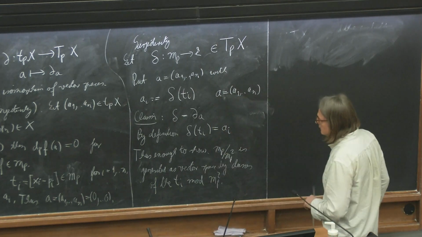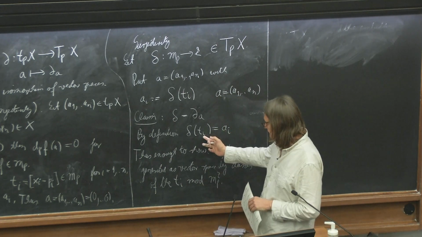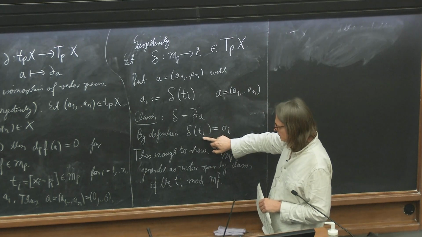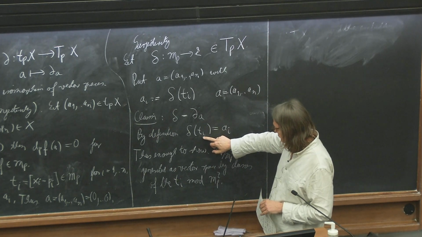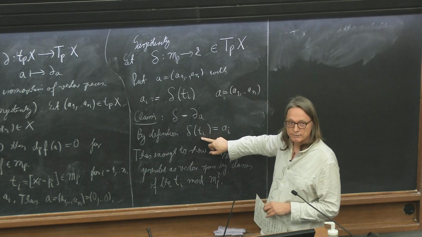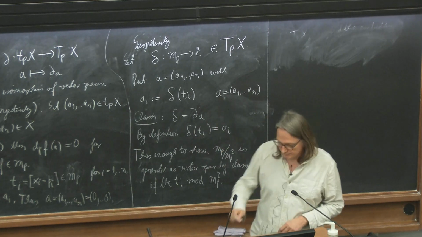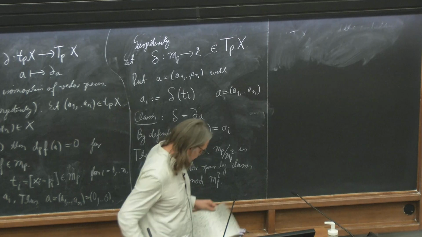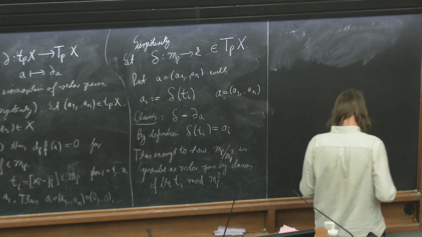Then these Ti are generators of MP mod MP squared, so if I know what delta does on them, I know what it does on the whole vector space. It's all very elementary.